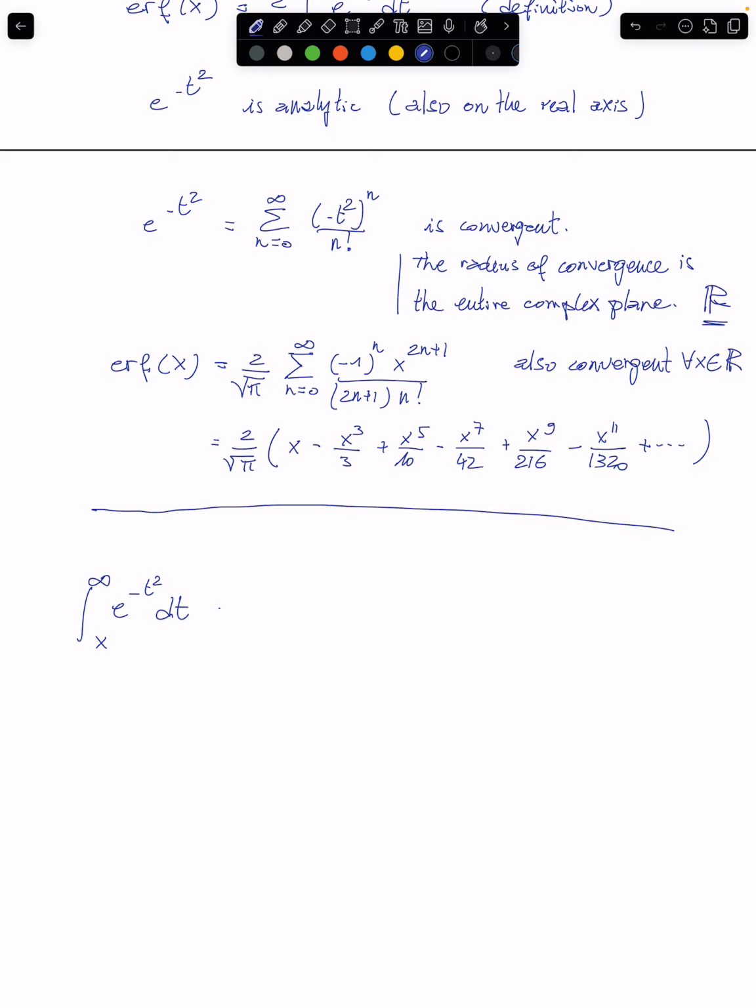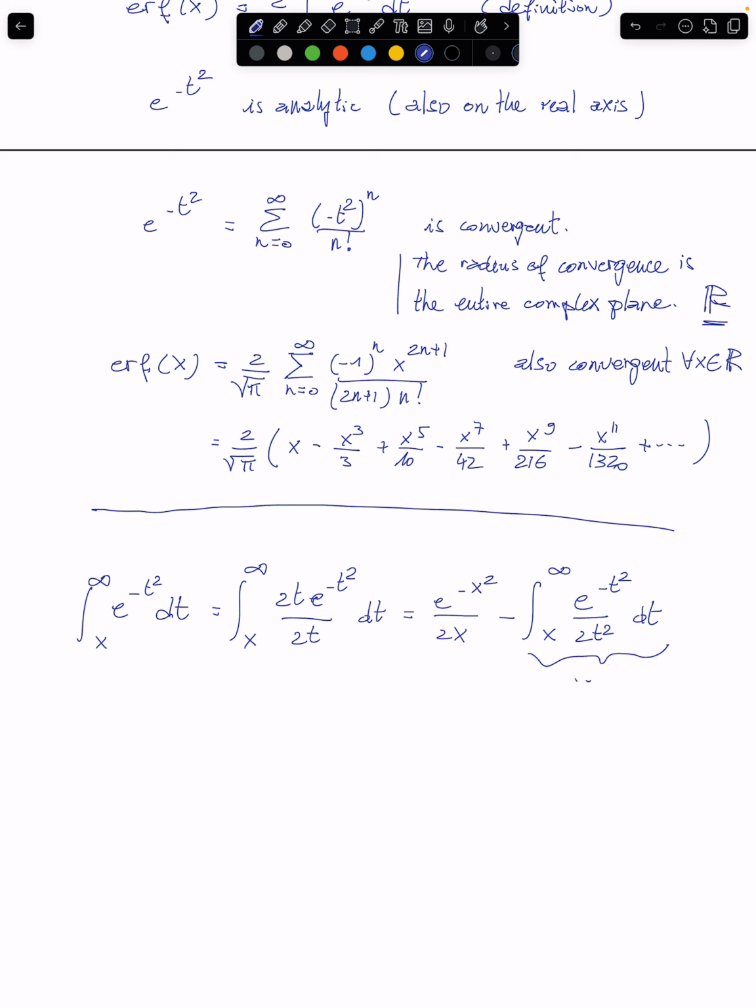If we integrate this by parts, then we have twice t exponential minus t squared divided by twice t dt, which gives exponential of minus x squared over 2x minus the integral from x to infinity of exponential of minus t squared over 2t squared dt.